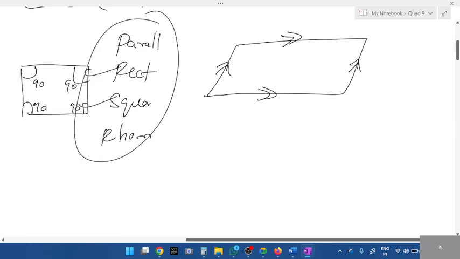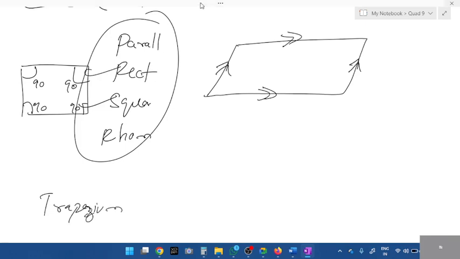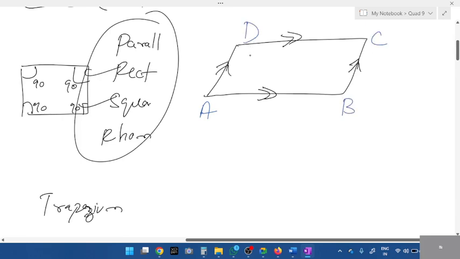For all these 4 diagrams, even for trapezium, you can apply the adjacent angle concept, students. The concept is the same for A, B, C, D. If A is 70 degrees, which angles are adjacent to A?